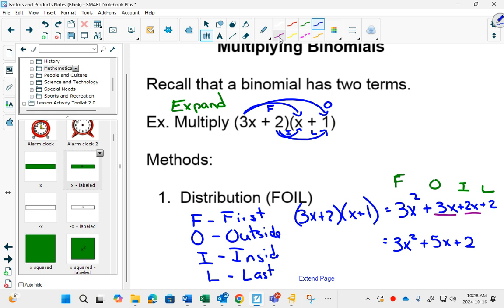And generally, when we multiply out 2 binomials, you will notice that the first ones always show up there, the last ones show up there, and the outside and the inside will often be like terms and get combined.